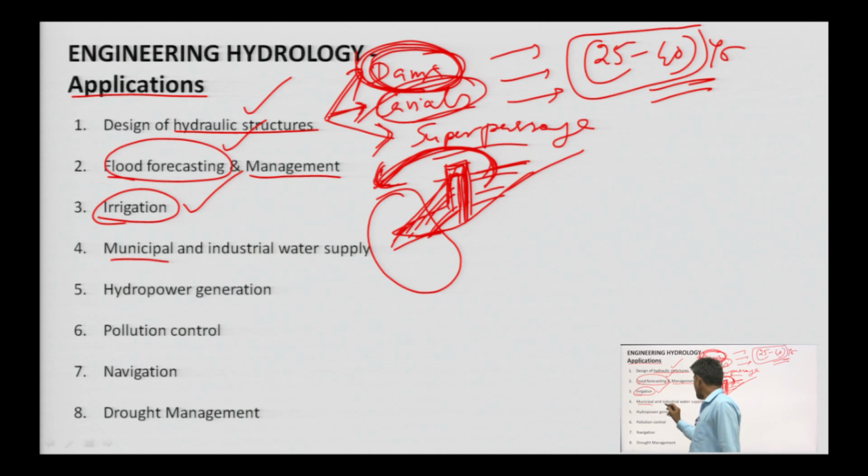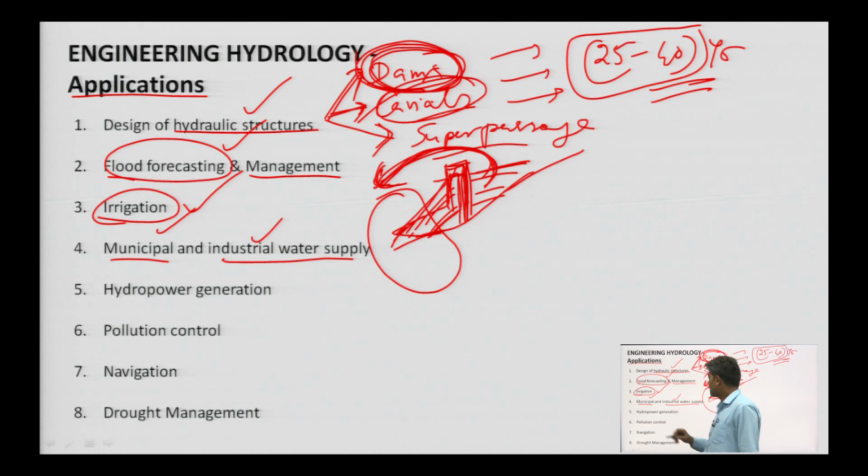Next, municipal and industrial water supply. It is essential that the water supply system is designed for municipal and industrial water.